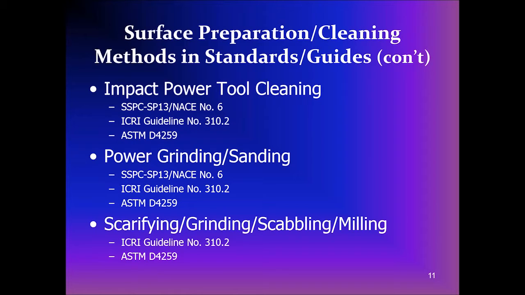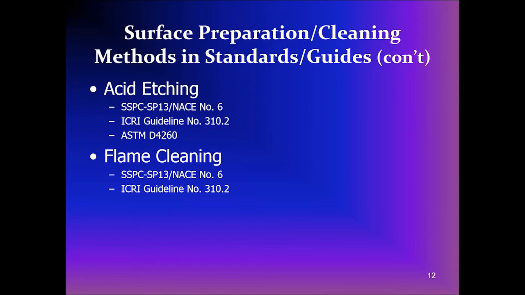Scarifying, grinding, scabbling, and milling, much more aggressive methods of preparation, are only addressed in the ICRI guideline and ASTM D4259. For acid etching, we have the same SSPC and ICRI guidelines, but ASTM changes. It's ASTM D4260. For flame cleaning, it's not addressed in ASTM, only SSPC and the ICRI guideline address it.